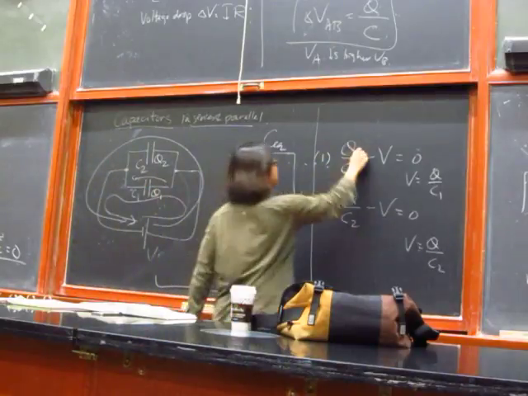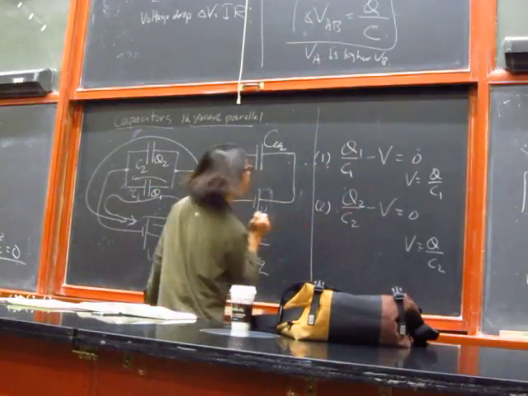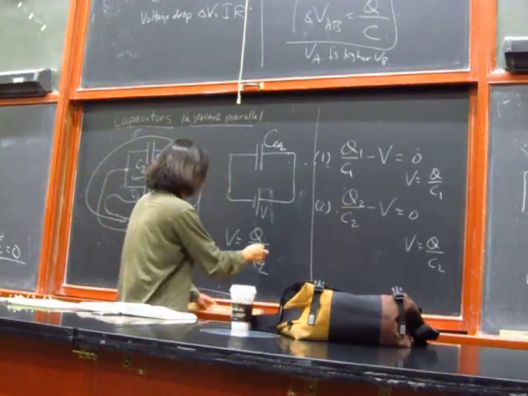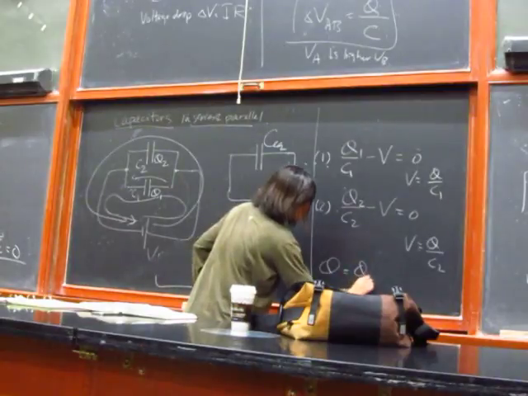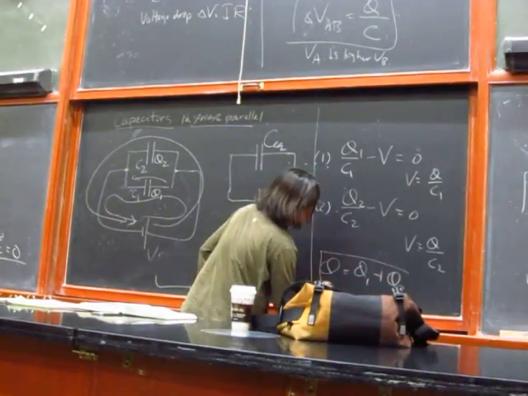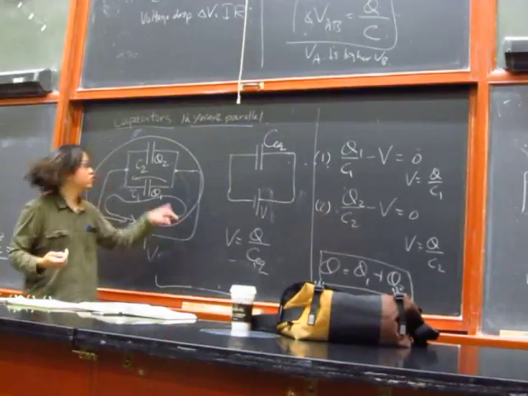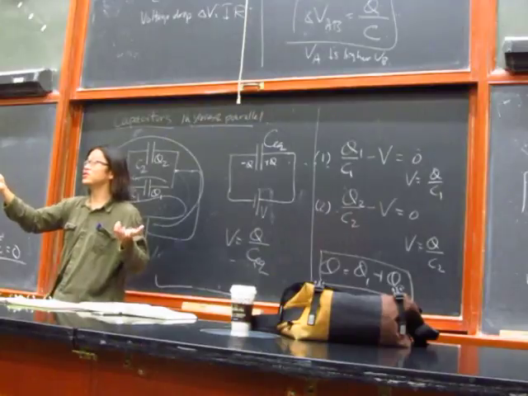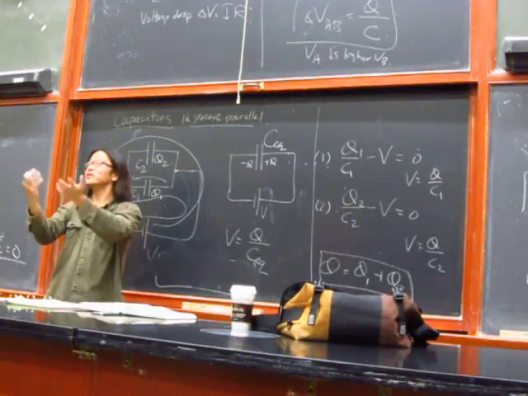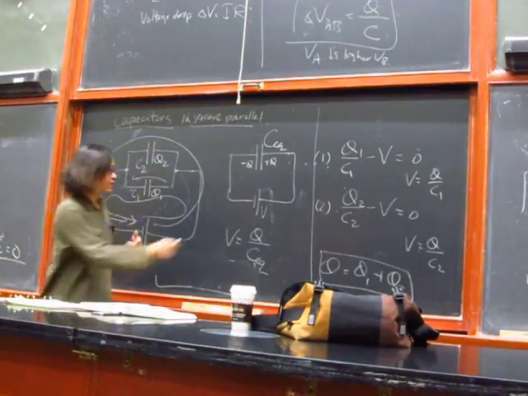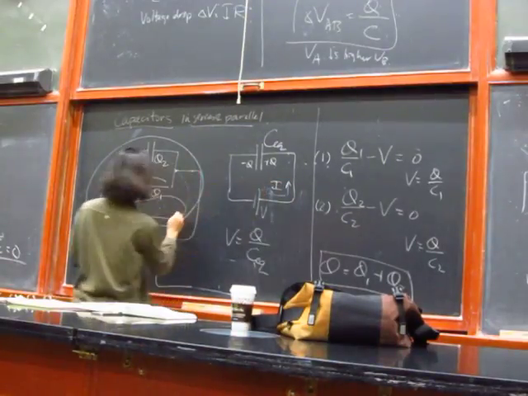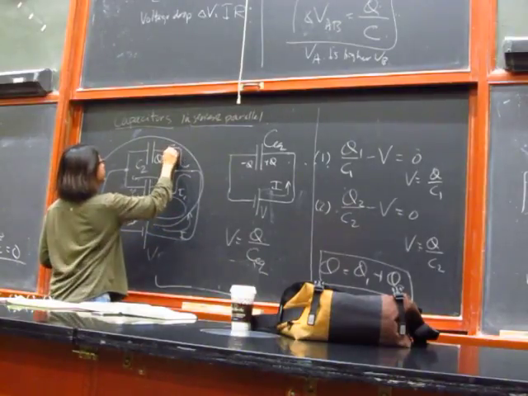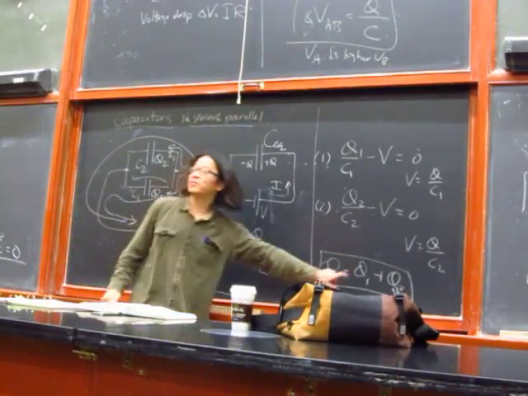So from the first part of the Kirchhoff law, Q has to be equal to Q1 plus Q2, the total charge, plus Q minus Q, just because of the conservation of current. Current going in has to be equal to current coming out. So if I have current I coming in here, it has to split into two, I1 and I2. Therefore Q has to be equal to Q1 plus Q2.